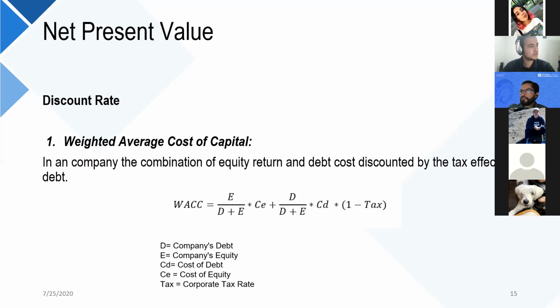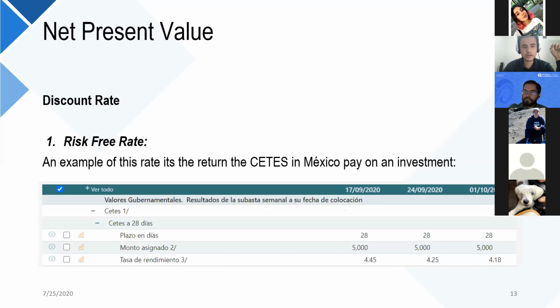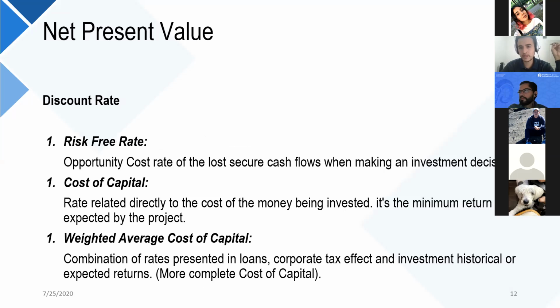So this is WACC, weighted average cost of capital. Again, it is one of the three main types of rates you usually use when you are doing net present value analysis, discounting cash flows. We are using weighted average because it's the most used in the industry.